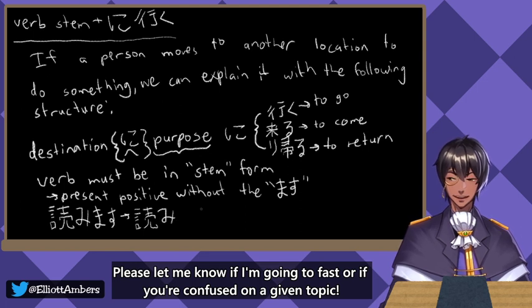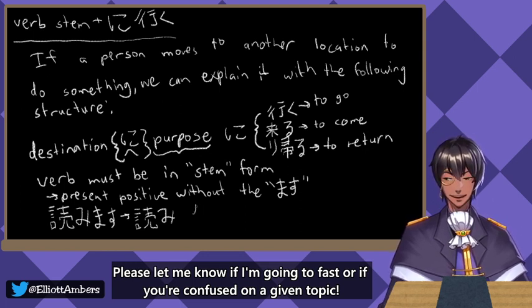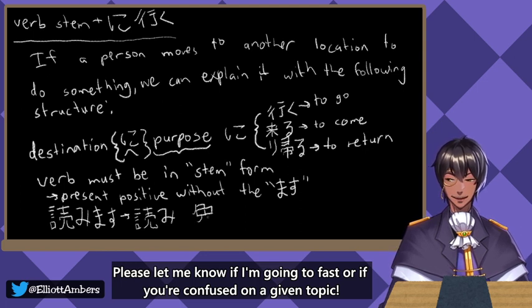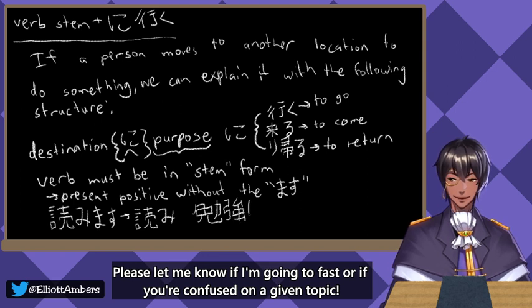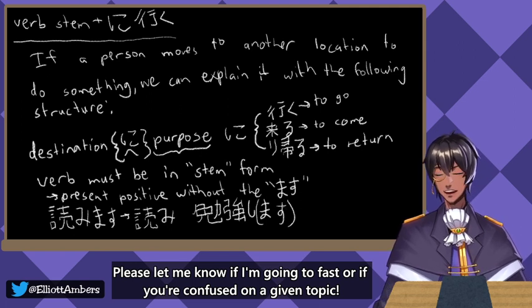Yomi. Or even if we had something like the other verb that we used here today, benkyou shimasu, a verb that ends with suru, we simply would just drop that masu: benkyou shi.